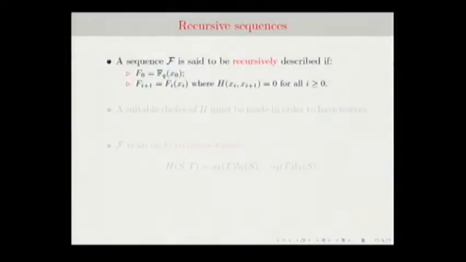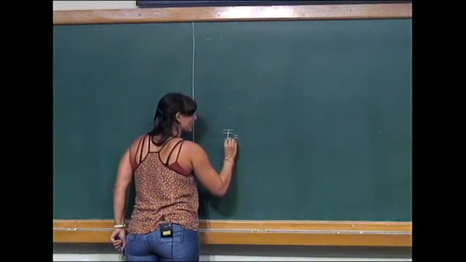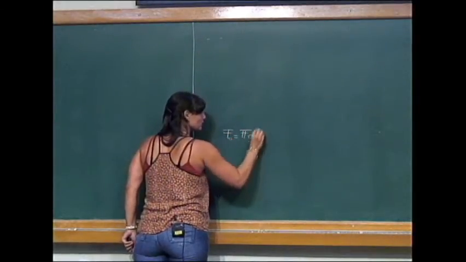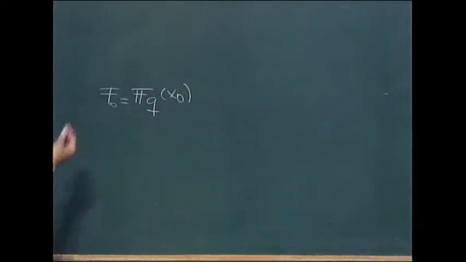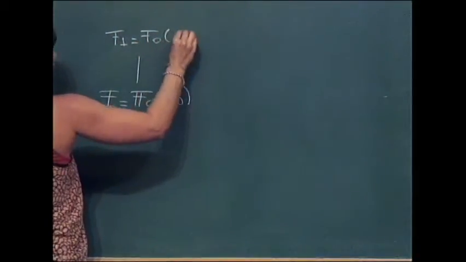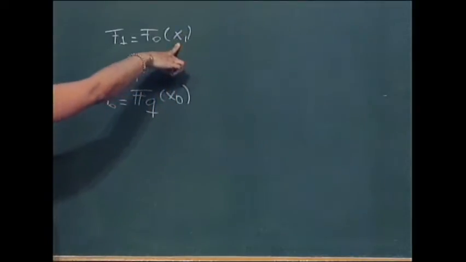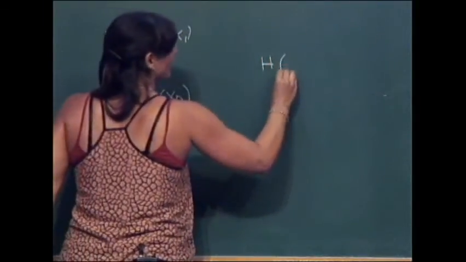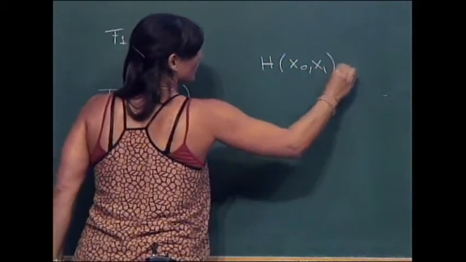You need that every function field in the sequence is given by a polynomial like this. The first function field is just the rational function field. Then the next one is the previous one adjoined x1, where h of x0, x1 equals 0.